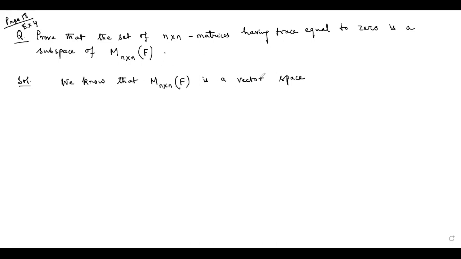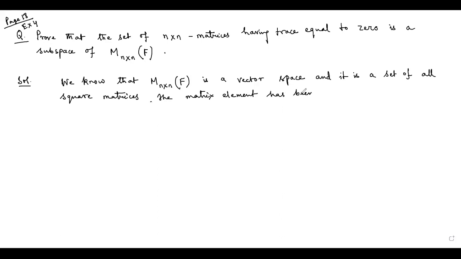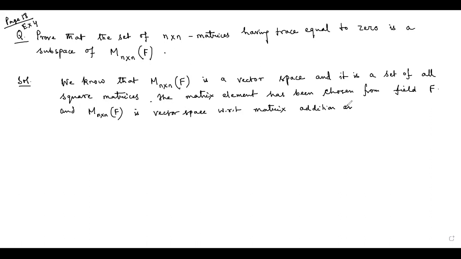So we know that M n cross n F is a vector space, and it is a set of all square matrices whose matrix elements have been chosen from the field capital F, and M n cross n F is a vector space with respect to matrix addition and scalar multiplication.